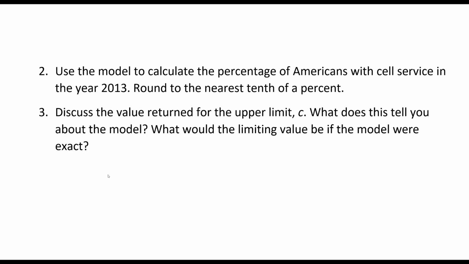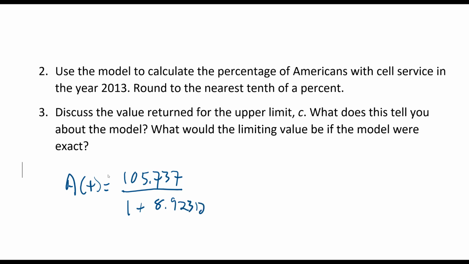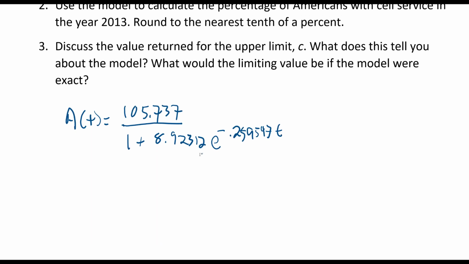So we would have the amount at time t is going to be 105.737 divided by 1 plus 8.92312 e to the negative 0.259547 times t. So we're looking at it being 19.